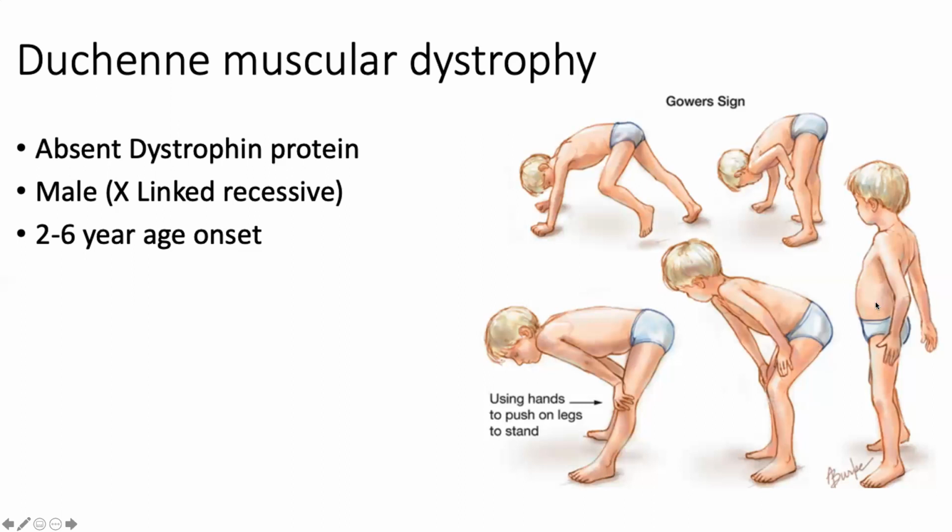That is what we call the Gowers sign. So these patients with Duchenne muscular dystrophy, it only happens in males and it is X-linked recessive. And the problem is absence of dystrophin protein in the body. It is very heartbreaking to see these patients, and they tend to die at the age of 20, 30 because of respiratory failure, because their rib cage cannot move anymore for breathing.